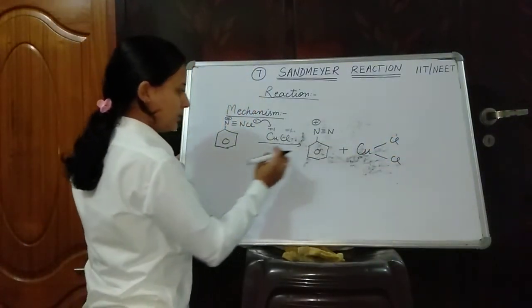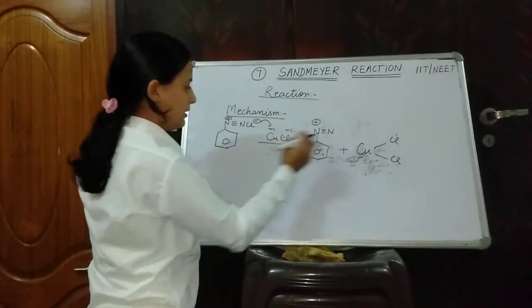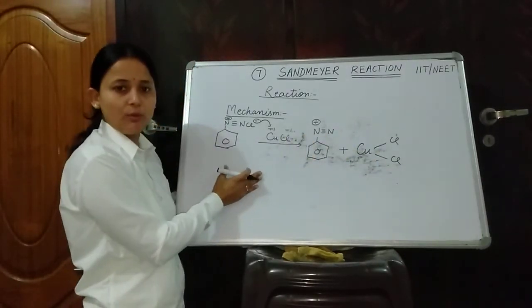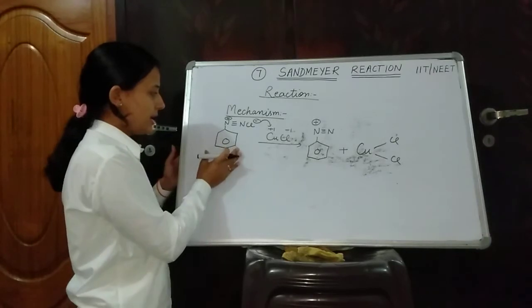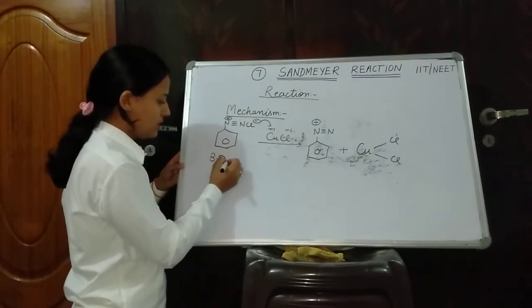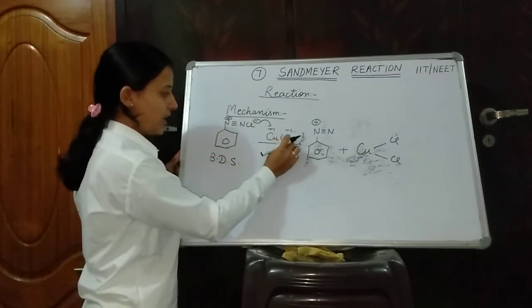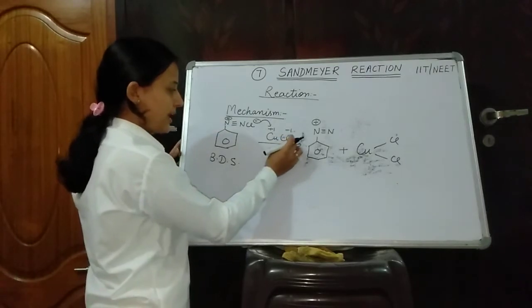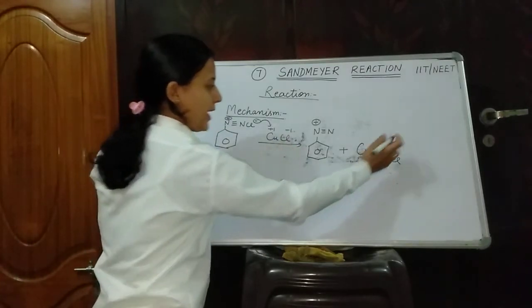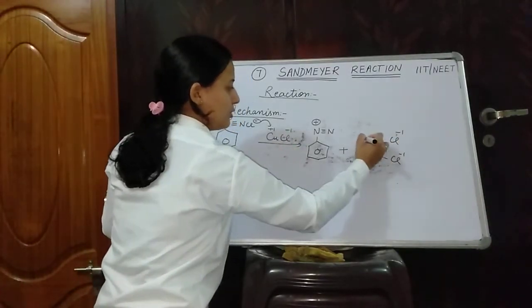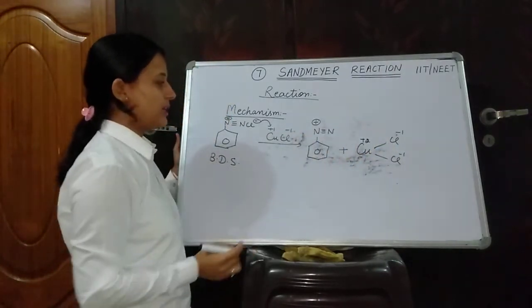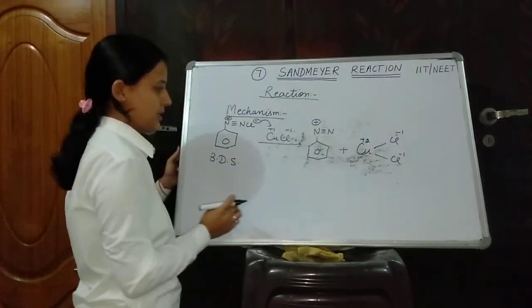Formation of cupric chloride. That means in the very first step of the Sandmeyer reaction, benzene diazonium salt with cuprous chloride, the cuprous chloride will convert into cupric chloride. Here Cl is in minus 1 oxidation state and this copper automatically comes to plus 2 oxidation state.